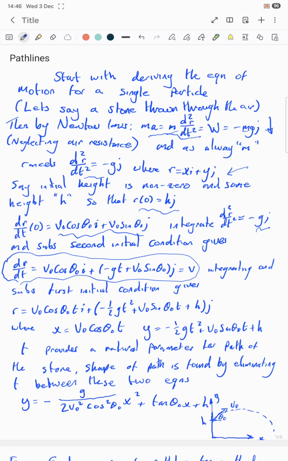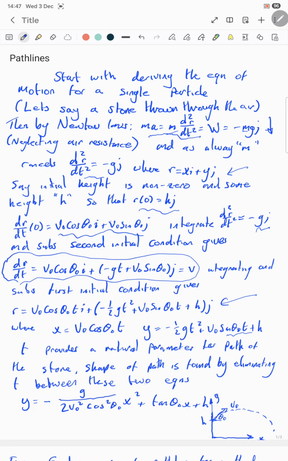Now we're integrating and substituting the first initial condition, which gives us this, where x equals v0 cosine theta0 t, and likewise y equals minus 1/2 gt squared plus v0 sine theta0 t plus h, which should be very familiar. Now t provides a natural parameter for our path of the stone.